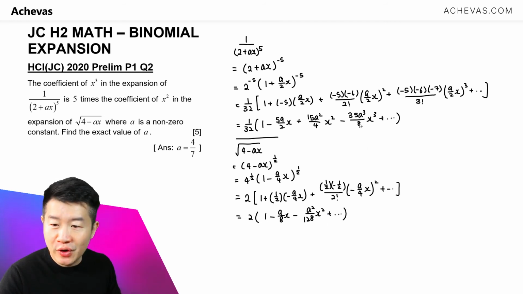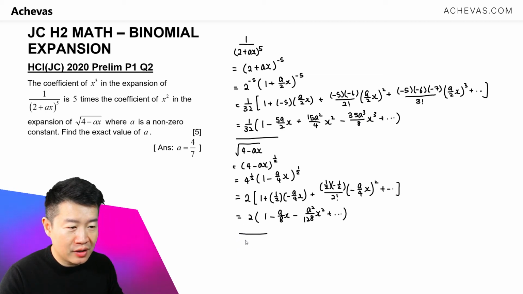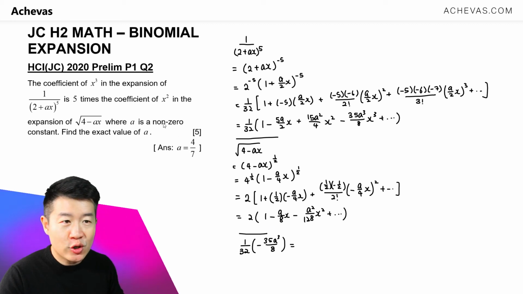Extracting out the coefficient for x to the power of 3 from here, we are going to be having a 1 over 32. Let's not forget about this. Then multiply by minus 35a cubed over 8. Okay, and this is equal to 5 times the coefficient of x squared of this particular expansion.